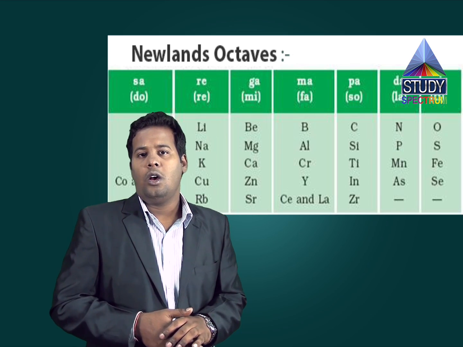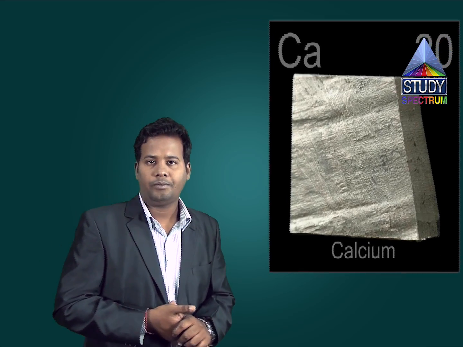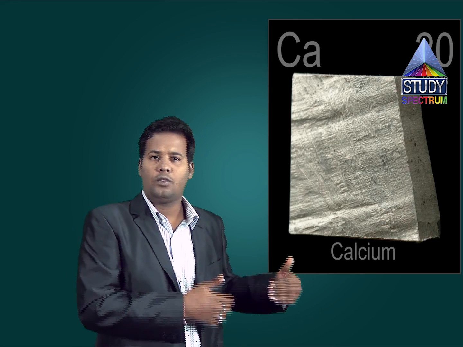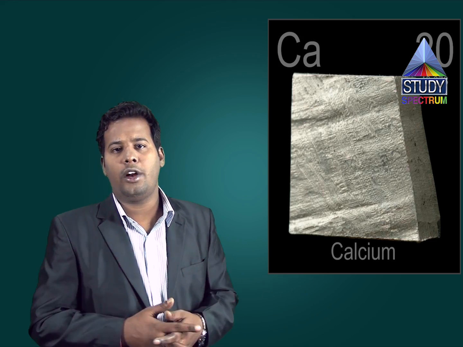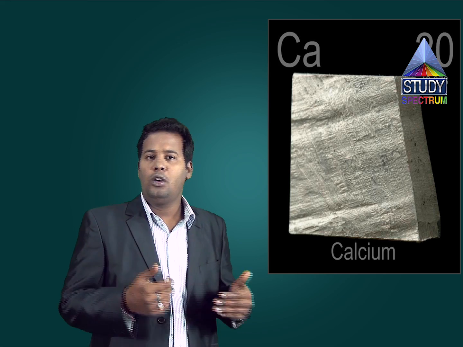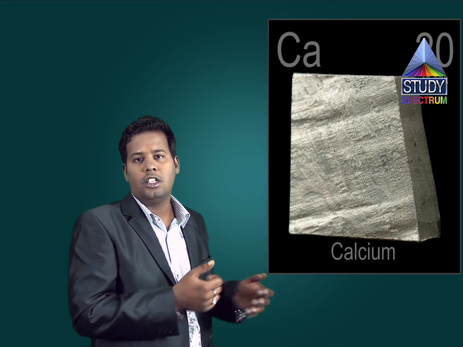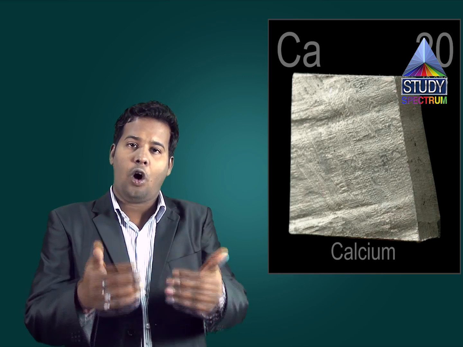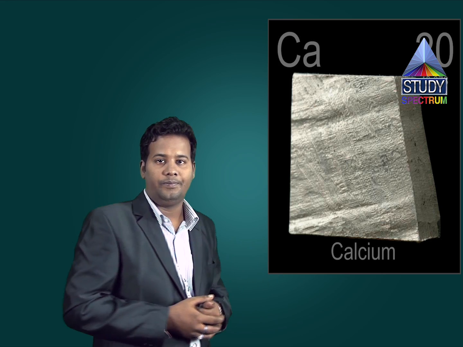Now it was Newland's efforts to form such a periodic table, but the problem was that he was able to classify only a few elements, and his law was valid till calcium only, which was the 20th element. There were 56 elements discovered at that time when Newland was trying to classify elements to form a periodic table, but he was able to place very few elements in his periodic table, and above all his law of octaves was true till calcium only.